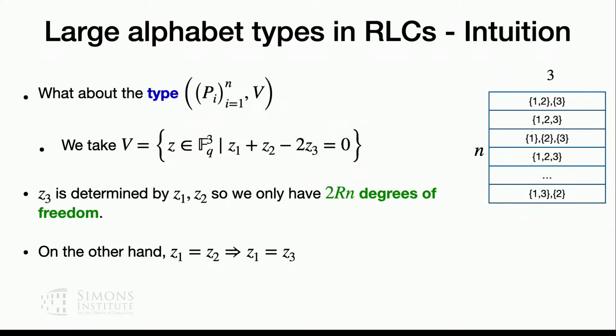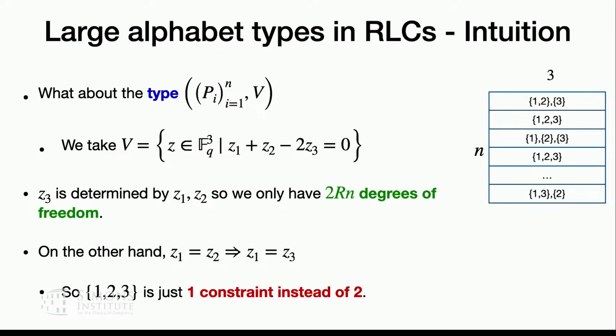Suppose that in some coordinate, z1 equals z2. Then 2x3 equals 2x1, so x3 equals x1. So the constraint means that wherever z1 equals z2, z1 is also going to equal z3.